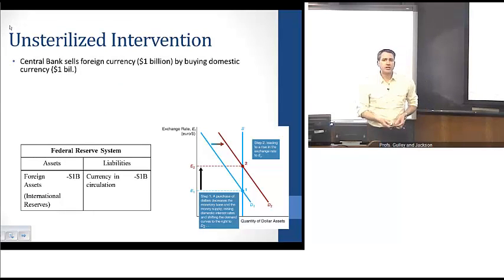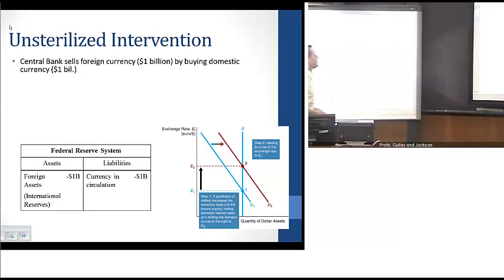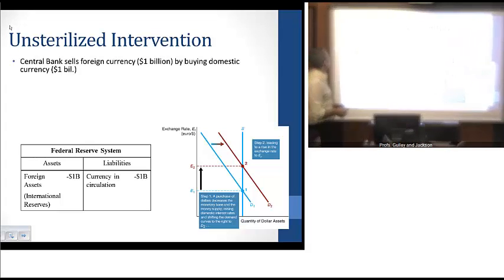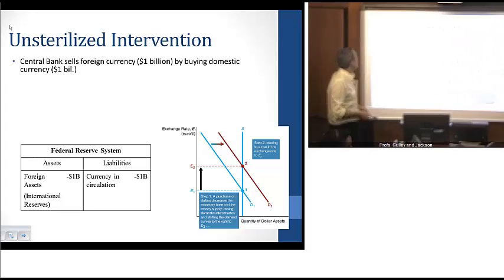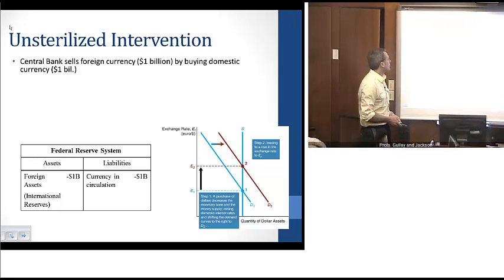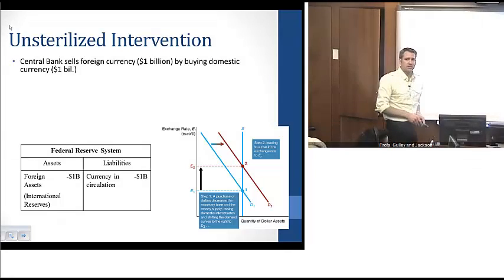So in terms of an unsterilized intervention, we can look at some different examples. So here's an example of an unsterilized intervention by the central bank. In this case, we can think of the Fed, our central bank here. They're selling foreign currency, and they're going to be buying domestic currency.